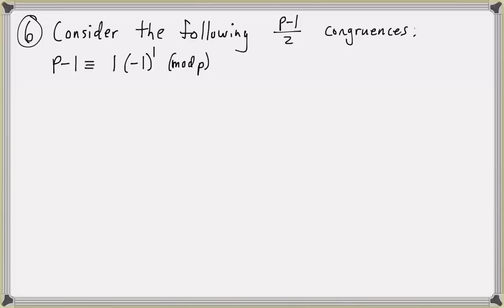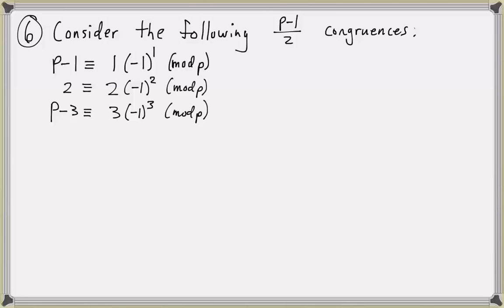Then the number 2 is congruent to 2 mod p, but I'm going to write it as 2 times negative 1 squared mod p. Then the next congruence will be p minus 3. And you see the pattern. I'm going to write this as 3 times negative 1 cubed mod p, because p minus 3 is congruent to negative 3, and negative 3 is equivalent to 3 times negative 1 cubed.